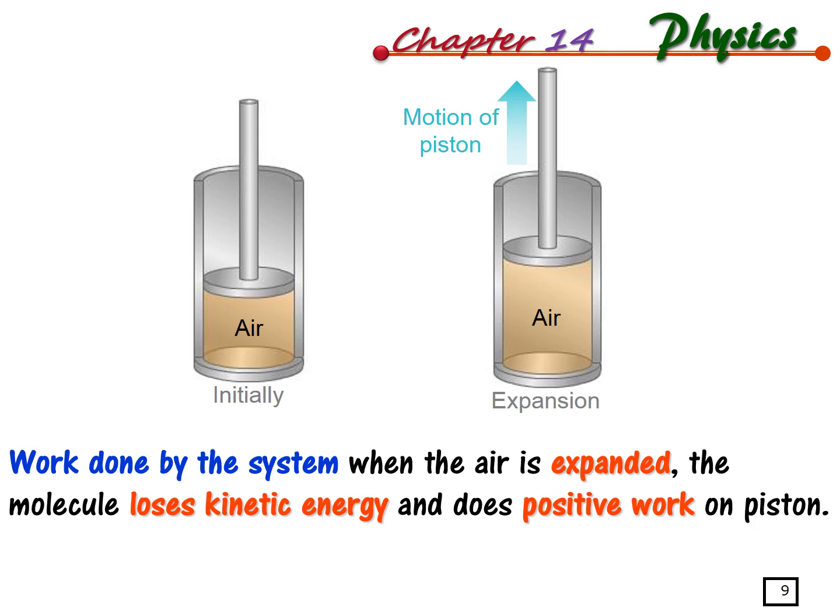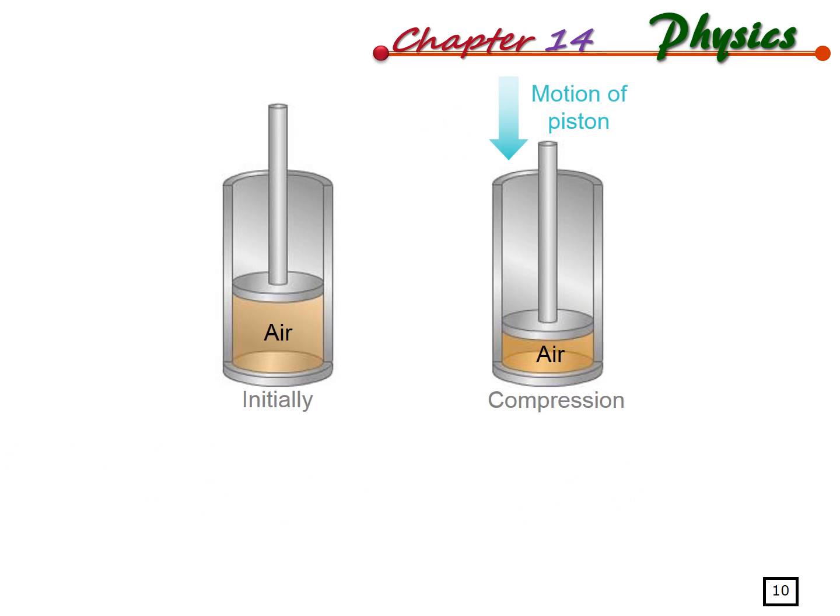And how about if compressed? What happens to the molecules of the gas, the molecules of the air? The molecules of the air gain kinetic energy. It means that the movement of the air particles or air molecules is faster. Therefore, the kinetic energy will increase, and the air particles do negative work on the piston.